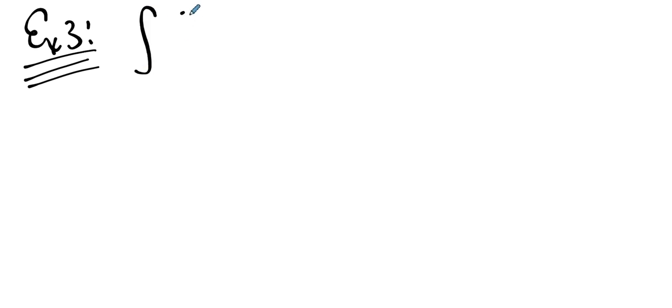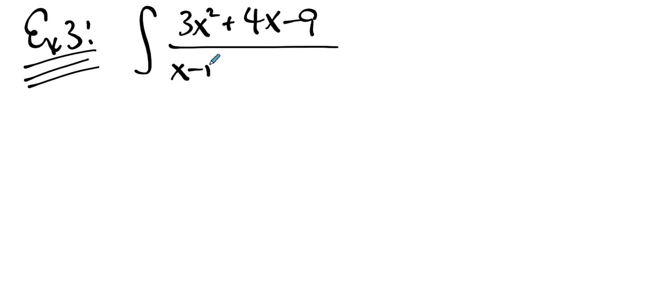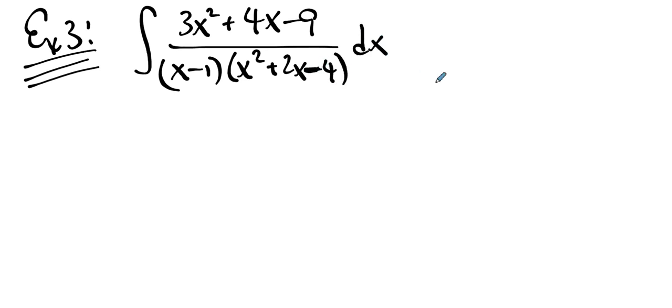What about the integral of 3x squared plus 4x minus 9 over x minus 1 times x squared plus 2x minus 4 dx? So this is not linear, and it doesn't factor into linear factors.